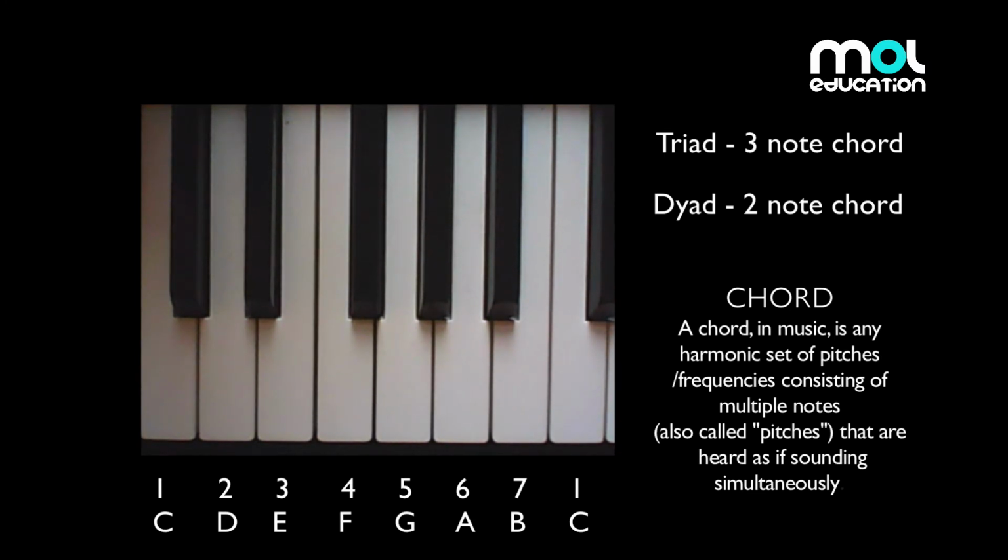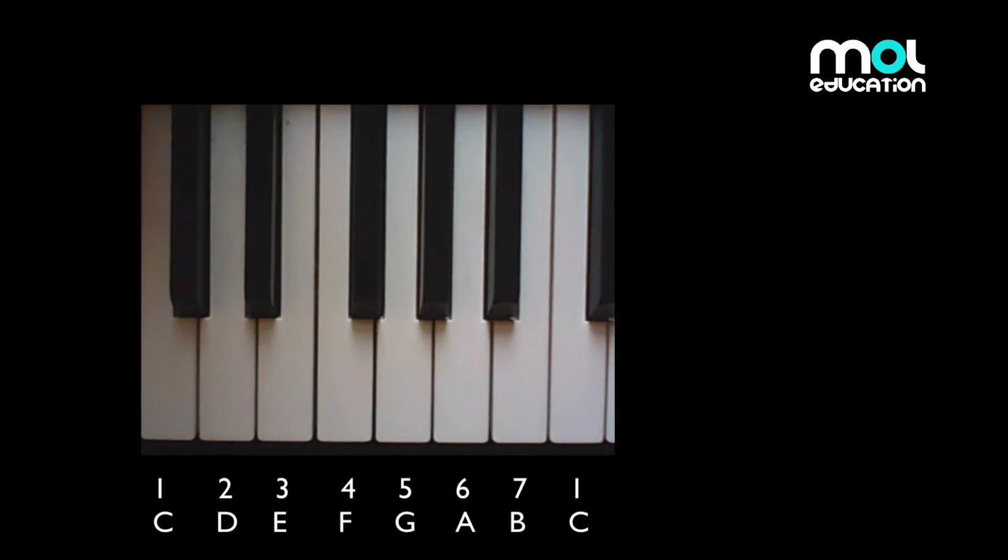The triad consists of 3 scale degrees. You can see we've numbered them at the bottom. So your first triad chord, taking the scale of C major, 1, 2, 3, 4, 5, 6, 7, we're going to look at the scale degrees 1, 3, and 5.